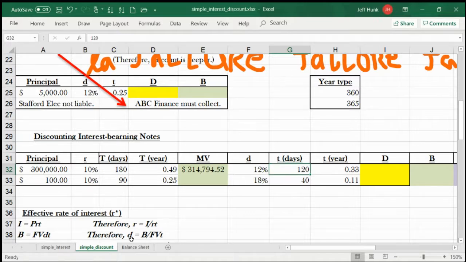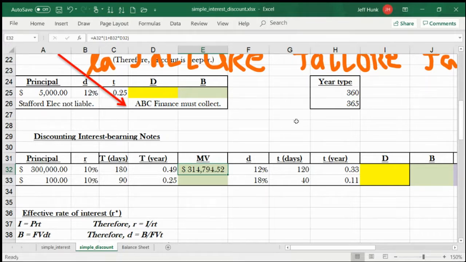For the first 60 days, this company was holding on to this promissory note. It's obvious they didn't have any cash flow shortage problems. So they were hoping to hold it for 180 days and collect this maturity value. That's almost $15,000 more. But on day 61, they can't do it anymore.